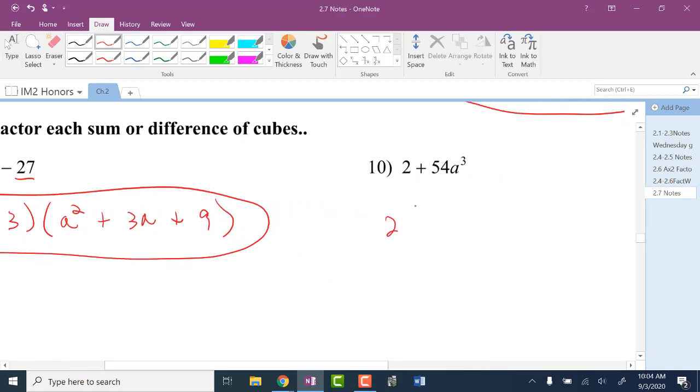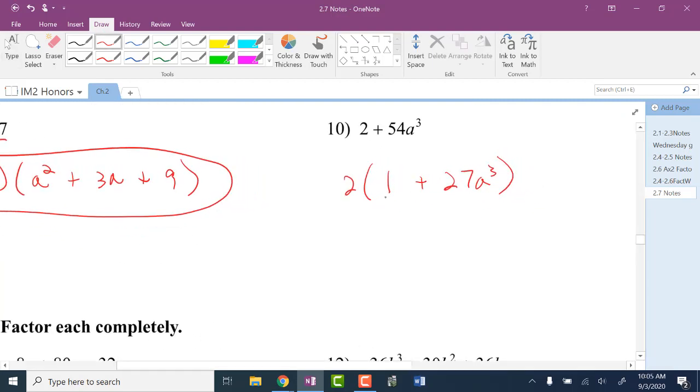Take out a 2 before you do anything. 1, 27a cubed. Cubed, okay. That's a big sign that this might be a sum of cubes when I'm done. Is 1 a perfect cube? Well, of course it is: 1 times 1 times 1.